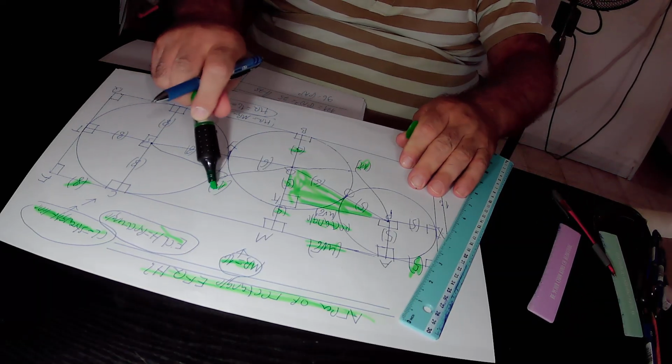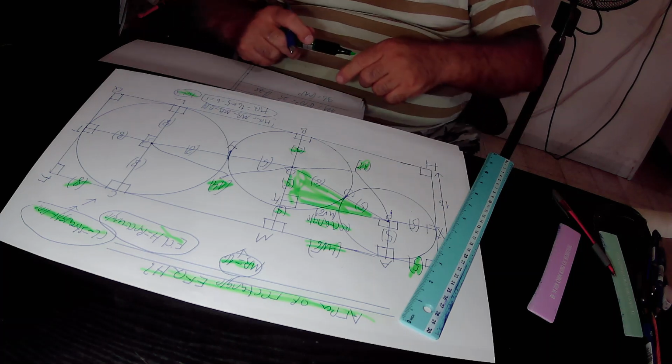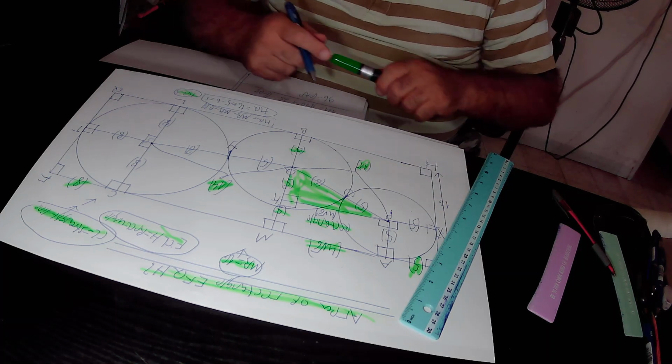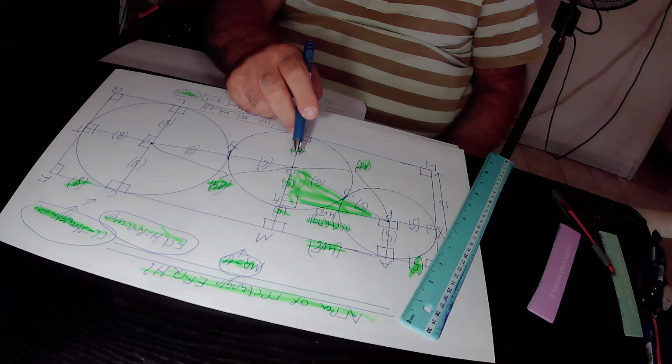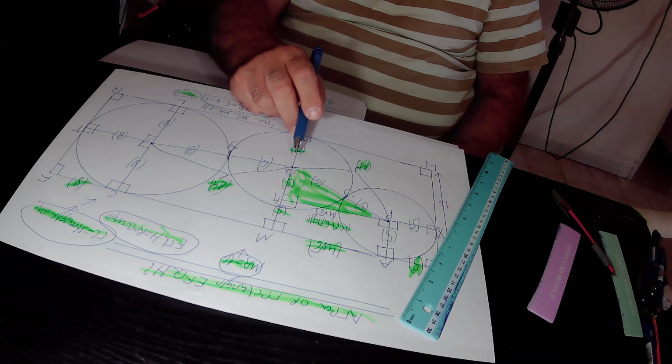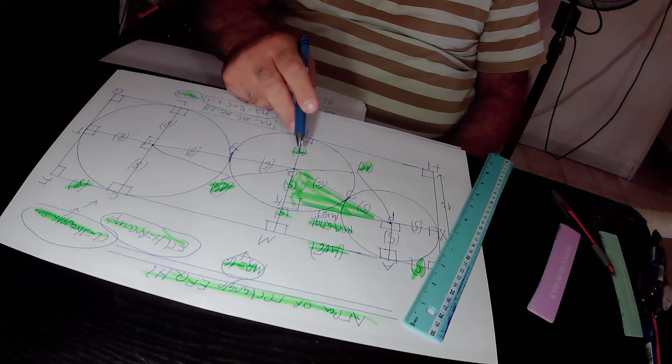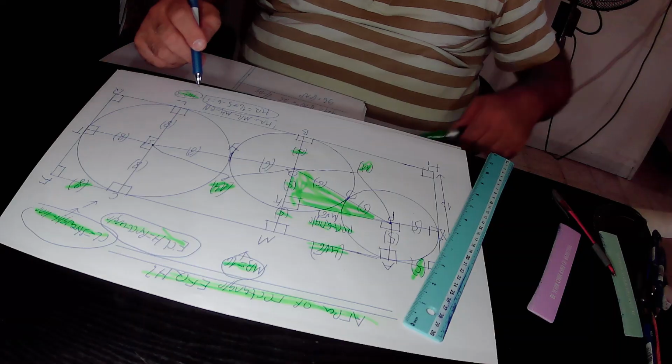In the next step, we will do another construction. From this point Q, that is the center of this medium circle, we will draw a perpendicular on CL. Again, from point Q, we will draw a perpendicular on CL.